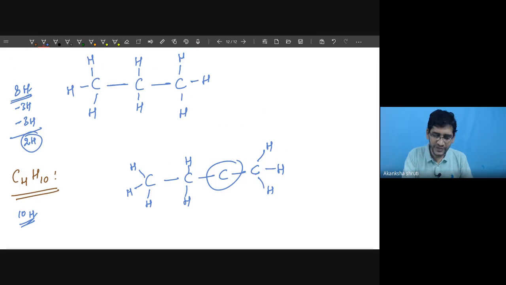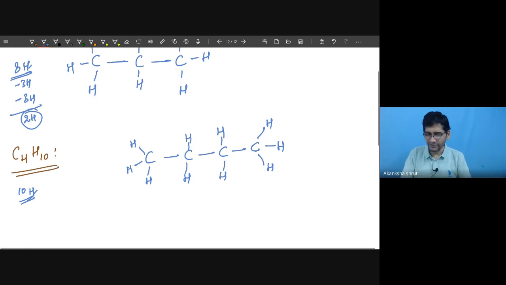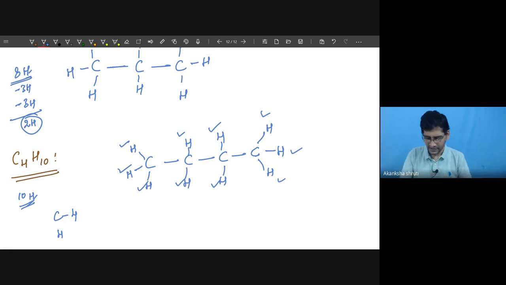So adopt the same methodology, fill it with the hydrogen. Now count the number of carbon and number of hydrogen. You are observing that carbon is 4, but hydrogen 3 on the left hand side, 1 2 3 4 5 6 7 8 9 and 10. Yes, it is 10.